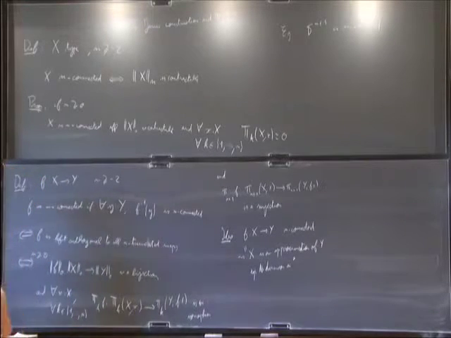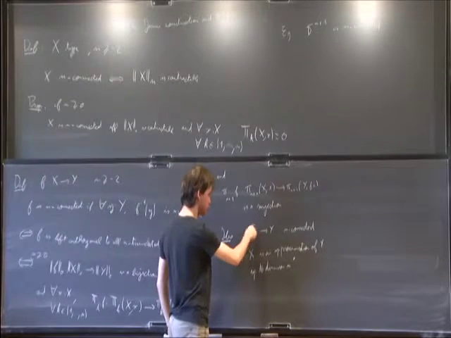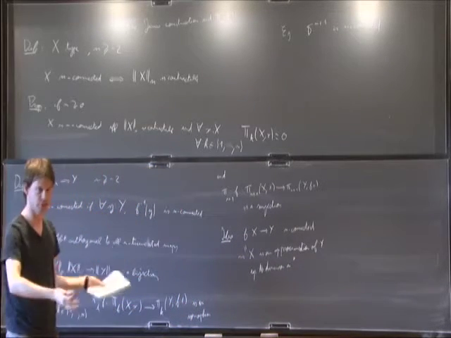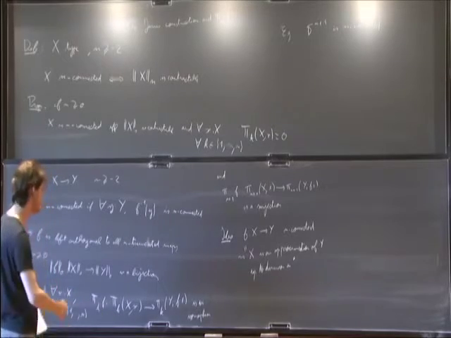So now, for instance, if we want to study the spheres, we will find some map which goes from some low-dimensional sphere to some higher-dimensional sphere, which is sufficiently connected, and you will get a bunch of results on the homotopy groups.